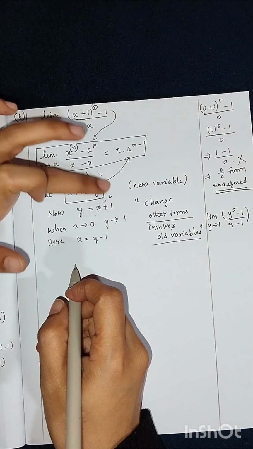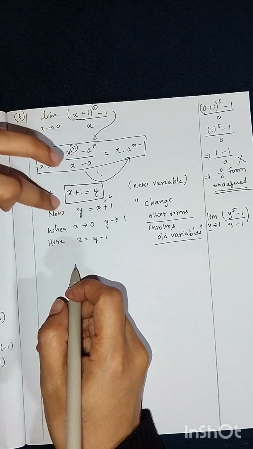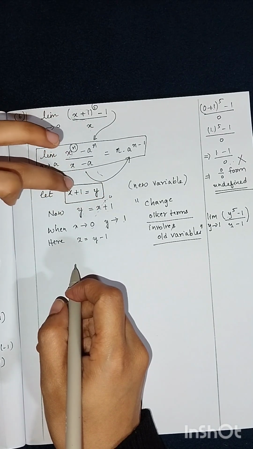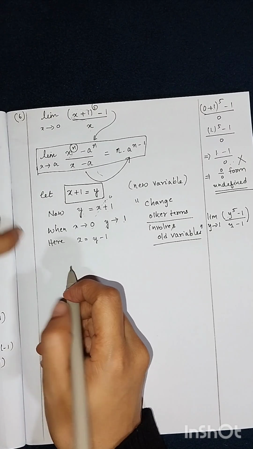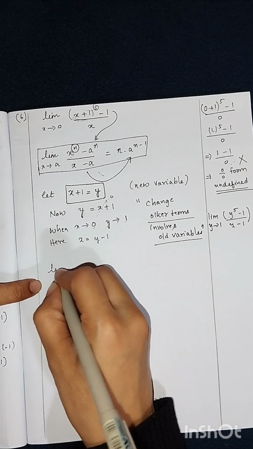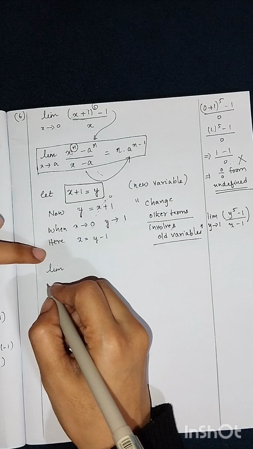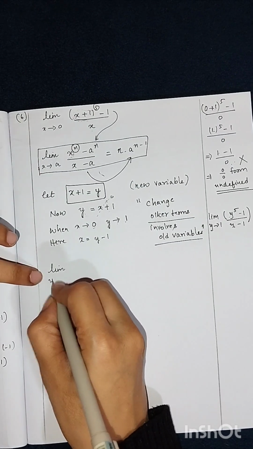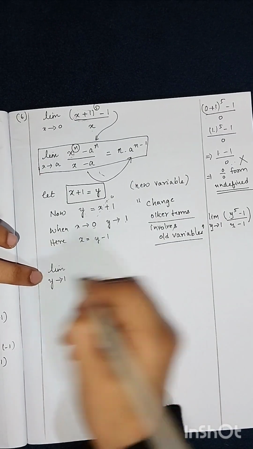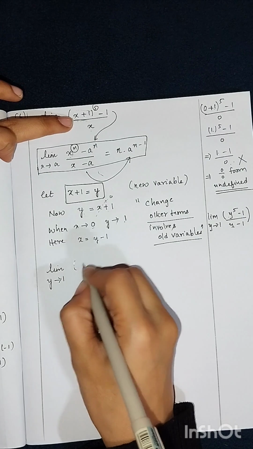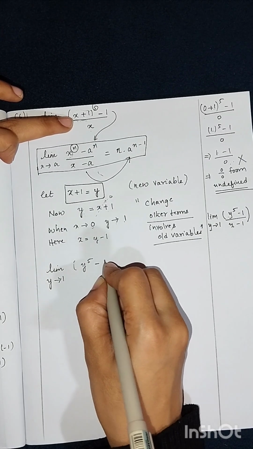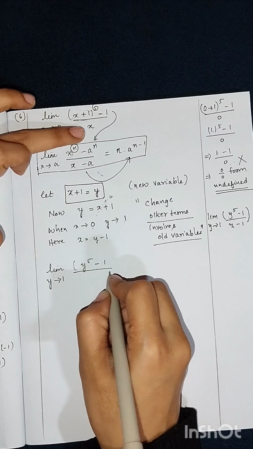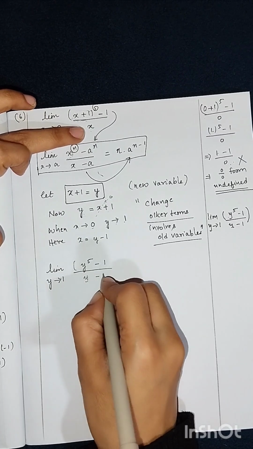And how will we change it? With the help of the equation where we used x plus 1 equal to y. Now let us write the new format of this. In the place of x tends to 0, we will write y tends to 1. In the place of x plus 1 to the power of 5, we will write y to the power of 5 minus 1, divided by, in the place of x, y minus 1.